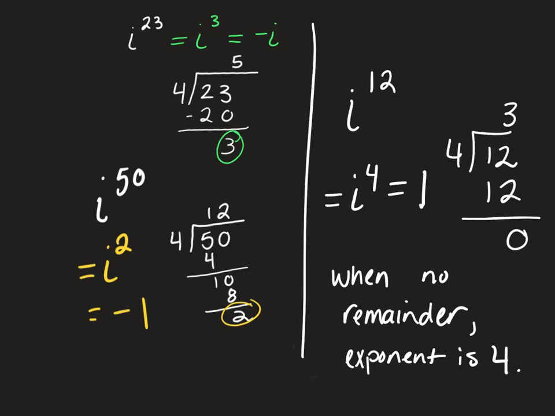All right, so let's do some math with complex numbers. We can add them together. Let's say we have 2 plus 5i plus 3 plus 4i. i is technically just a variable, so you're just going to combine like terms, like we know how to do.